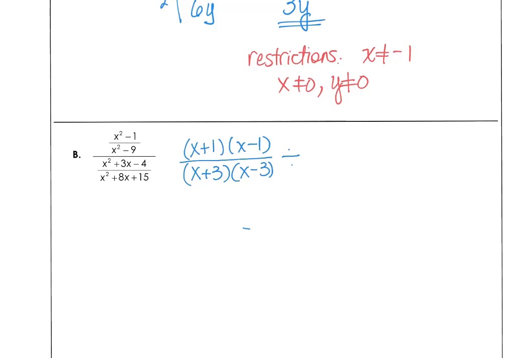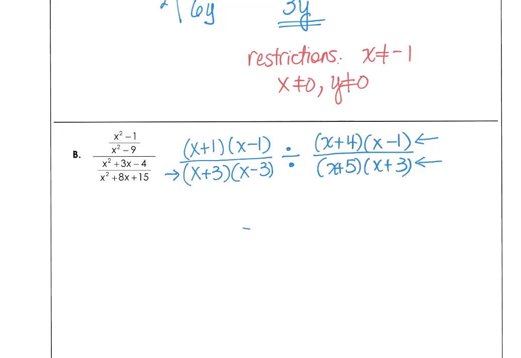I'm going to write it sideways here. Factoring the denominator's numerator is x plus 4 times x minus 1. And then the denominator of the denominator, x plus 5 times x plus 3. That way we can see restrictions come from here and here and here.